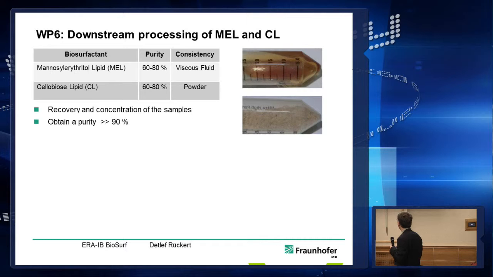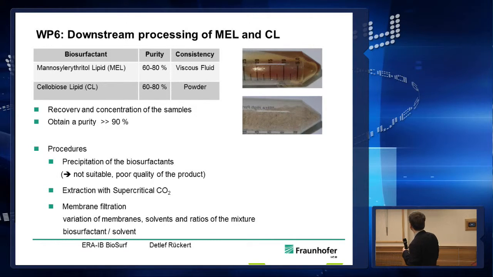If you want to put them into products, the purity should be more than 90%. And to do that, several different strategies were used. So precipitation of the biosurfactants by acid, reducing charge and so on, but this didn't work that much. Extraction with supercritical carbon dioxide and membrane filtration with different membranes and solvent product mixtures.